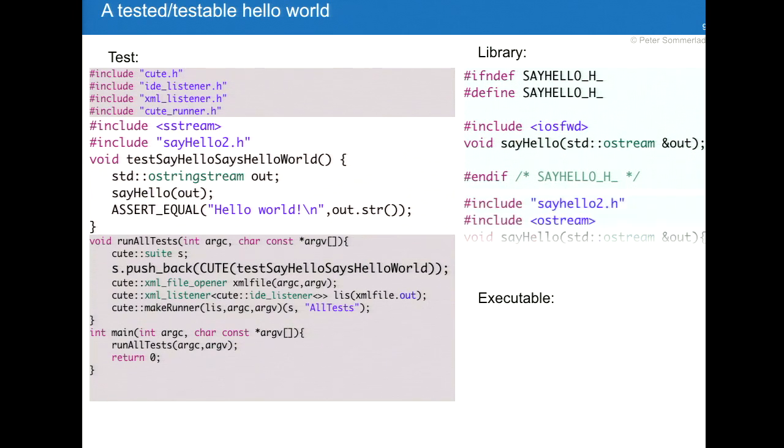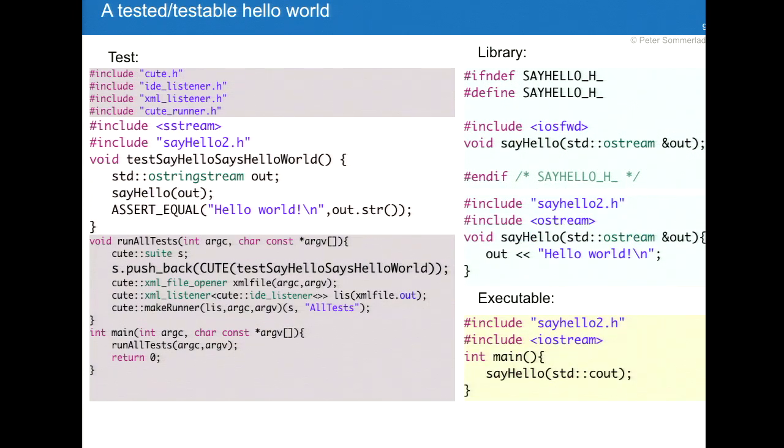Now, this is a piece of code. You might see on this projector, there's the dark pinkish part. That's code that is automatically generated for you by the IDE. And what you would need to write is actually write a test case. Test say hello, says hello world.